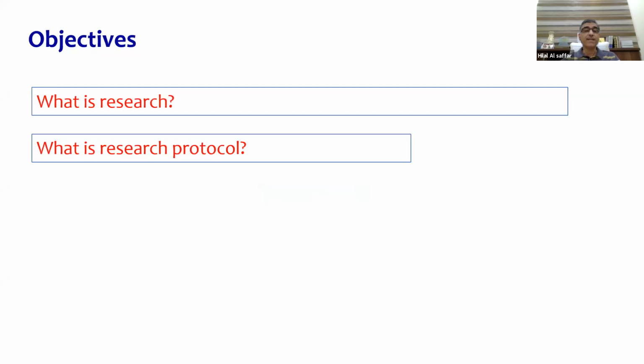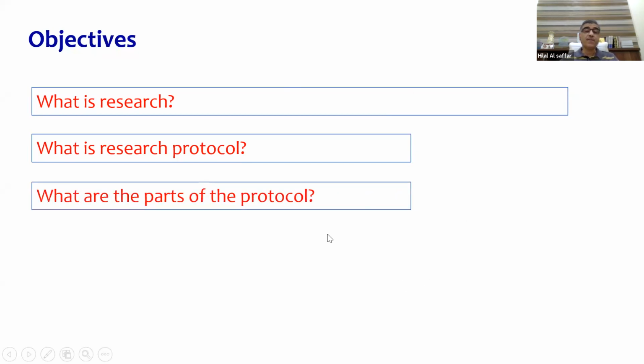So the slides are totally in English, and the core of the lecture will be in English as well, and probably I am going to emphasize a few points in Arabic. What is a research protocol, and then what are the steps in writing a protocol?